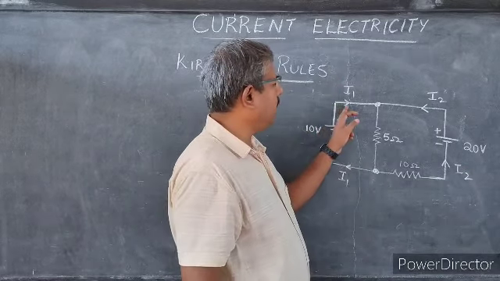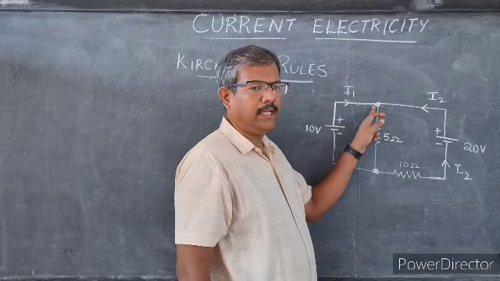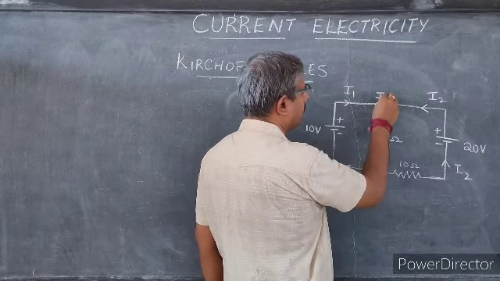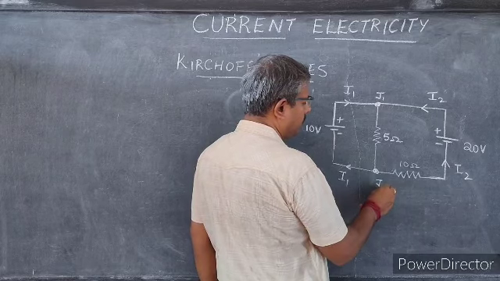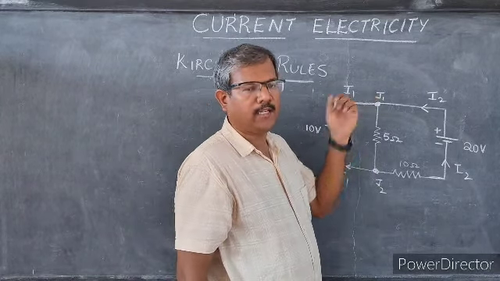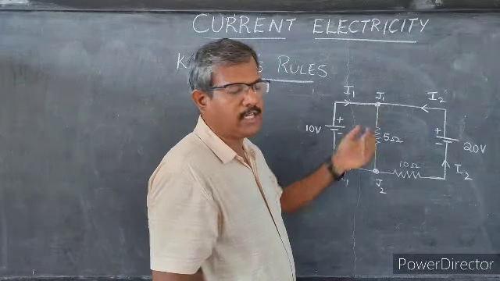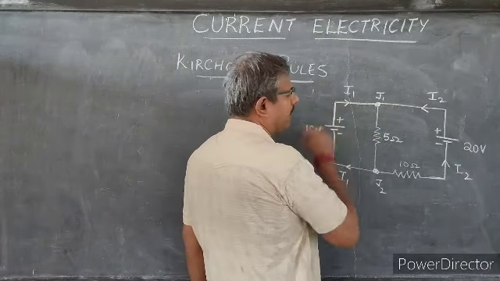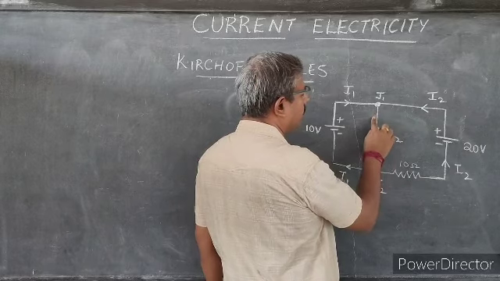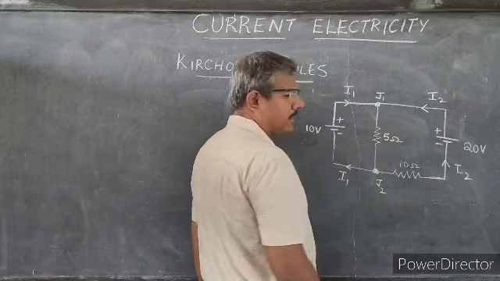So if I1 is the current flowing into the junction, let's say this junction J1 and this junction J2. Now let's apply Kirchhoff's current law or the junction law. So if I1 is the current flowing into J1 and I2 is the current flowing into J1, what do you think will be the current here?